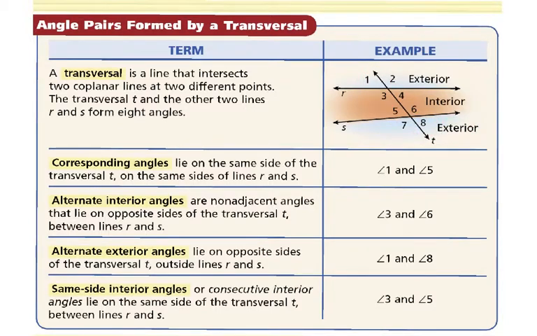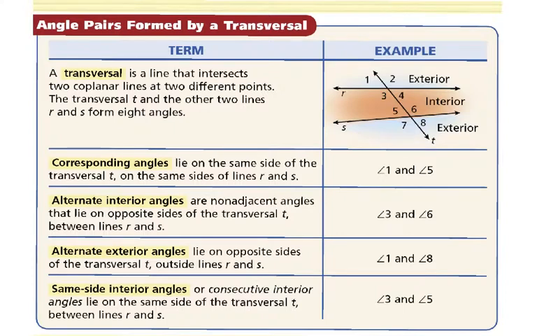So these pairs of angles, alternate interior angles, like I said, alternate meaning not on the same side, they're on opposite sides of the transversal, and they are on the interior.